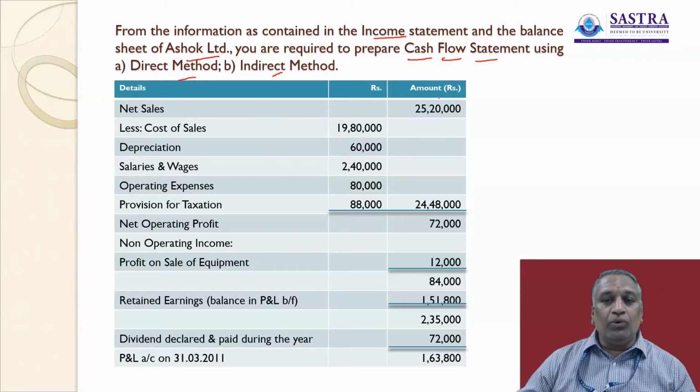So this is the income statement where you must be in a position to notice the firm's sales and charges against sales in terms of cost of sales, which includes stock adjustments, payments to creditors, all these aspects, and depreciation, which is the usage cost of an asset, and the salaries and wages claimed as expense for the current year, and operating expenses claimed as an expense for the current year, and the tax provision, which is not paid.